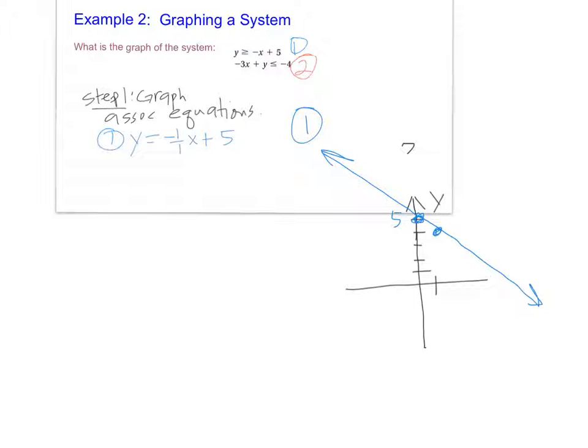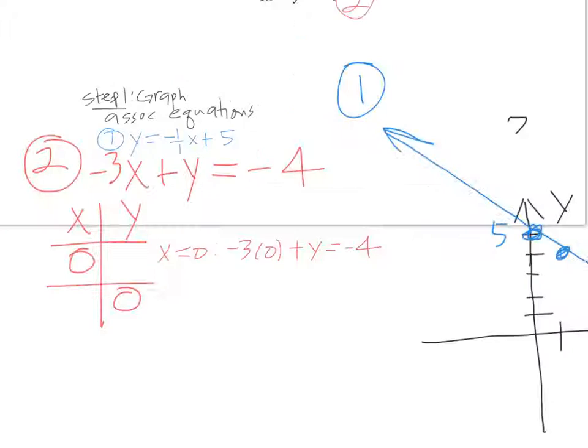We'll do the exact same thing with the associated equation number 2. The associated equation number 2 is in standard form, so we'll use the tic-tac-toe method. So when we let x equal 0, we substitute that value into the equation, and we have negative 3 times 0 plus y equals negative 4, or y equals negative 4.